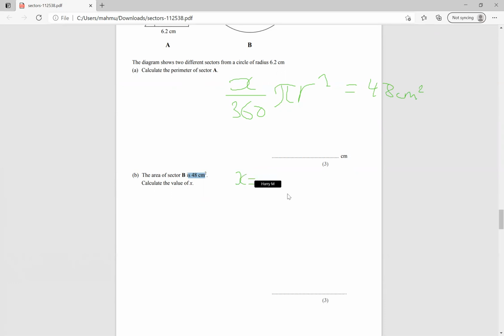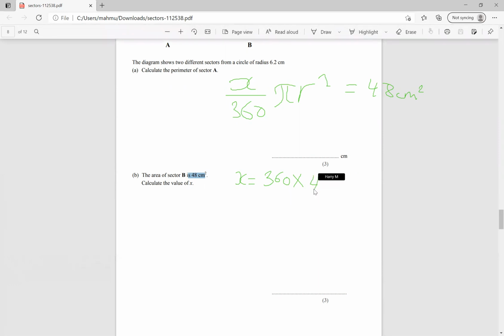So it's x equals 360 times 48. And this all stays on this side. And pi, and R is 6.2. We know that. See, you're straight away jumping.